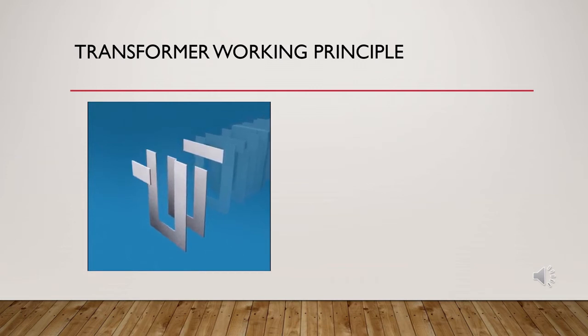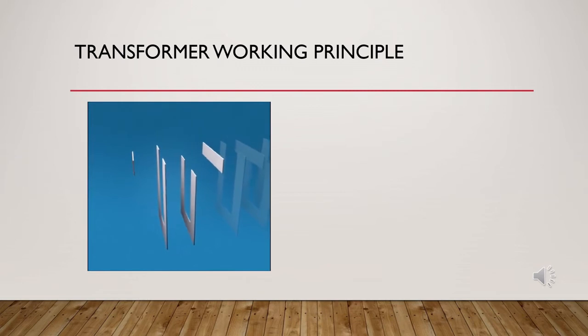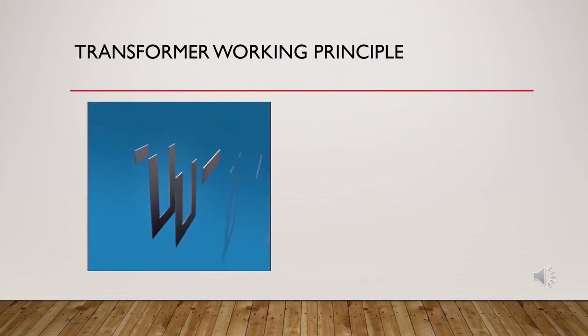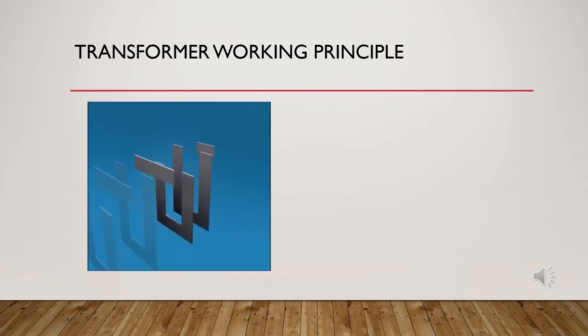The core is used to provide a low reluctance path to the magnetic flux, but the core is subjected to circulating electric currents. These circulating currents, called eddy currents, produce heating and energy losses within the core, resulting in decreasing the transformer's efficiency.